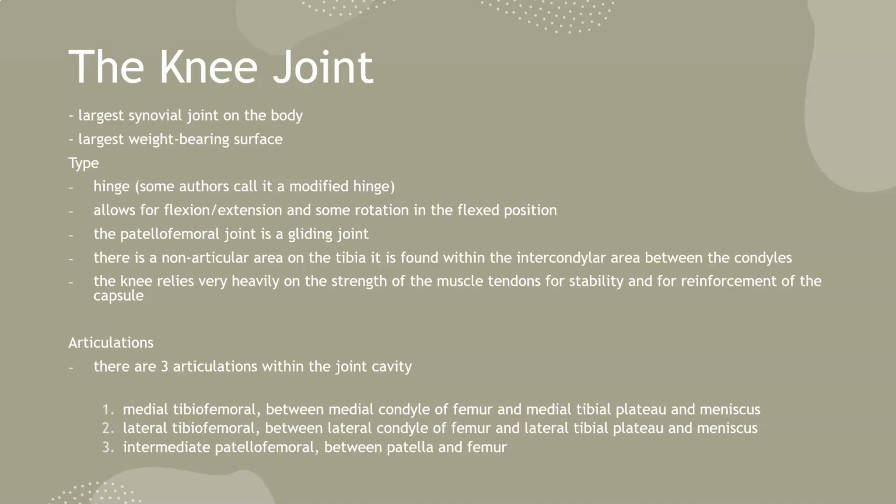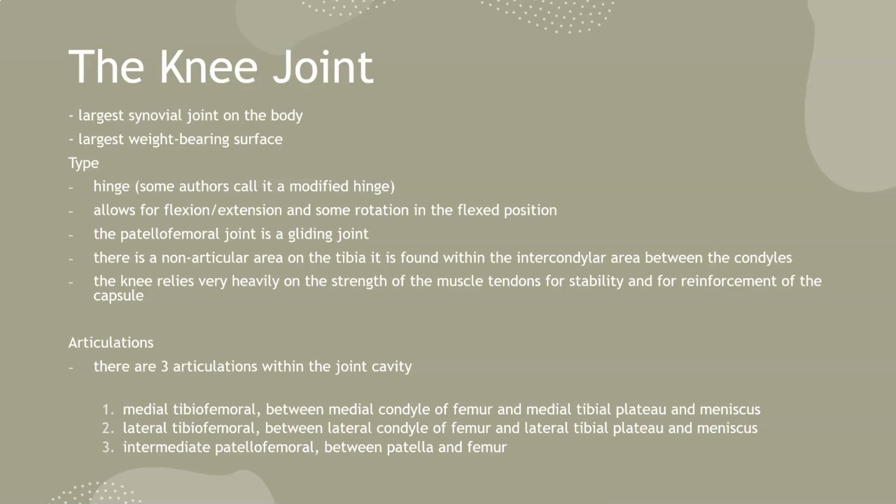The knee relies very much on the strength of the muscles and tendons that cross it for stability and for reinforcement of the capsule. So if we remember the distal femur, we had two condyles, and we also had two separate condyles of the proximal tibia, and then we had the patella, which sort of is related to all. So therefore, because of that, we can say that the knee joint has three articulations within the joint capsule.